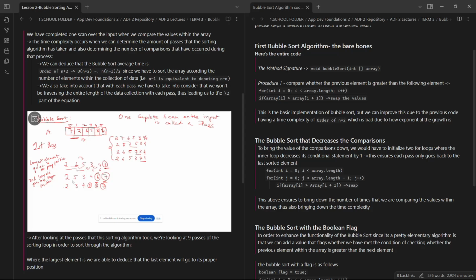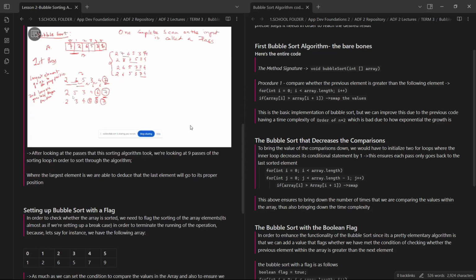N minus 1 is used because we compare until the comparison reaches the end of the input, so we just denote that as n minus 1, because it's going to be 1, 2, 3, 4, 5, and so on and so on.